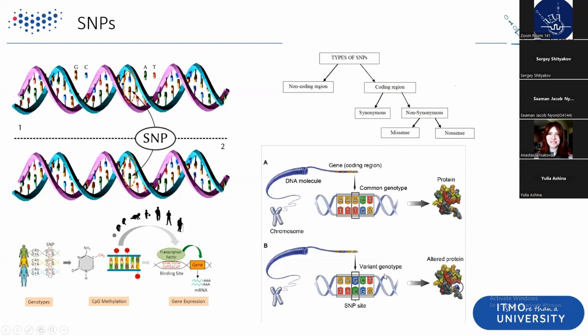If you have a variant genotype like this, you have a substitution, the SNP site, then you would have an altered protein in a different part of the protein. If it's very important for binding, for instance, a protein ligand binding site, this would become affected, and you would have differences in the protein ligand interaction.